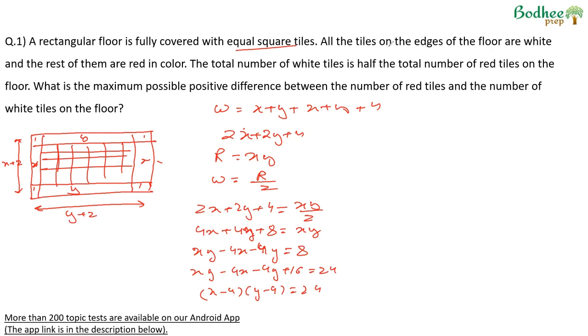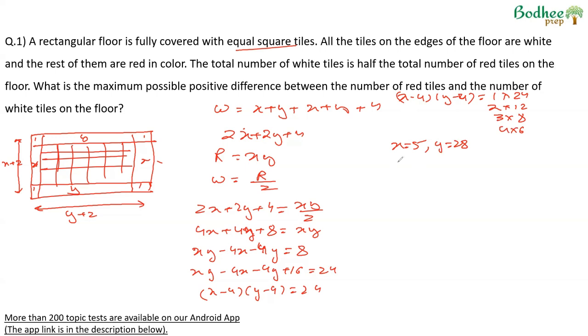Now, if we look at the possible values, x minus 4 into y minus 4 can be written as 1 into 24, 2 into 12, 3 into 8, 4 into 6. 24 will have 8 factors, 2 cube into 3, which is 3 plus 1, 4 into 2, 8 factors. In the first case, x minus 4 is equal to 1, x will be 5, y will be 28.